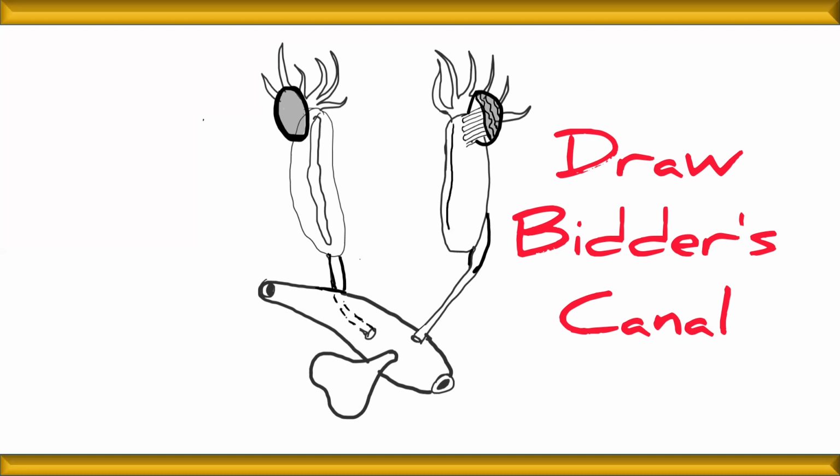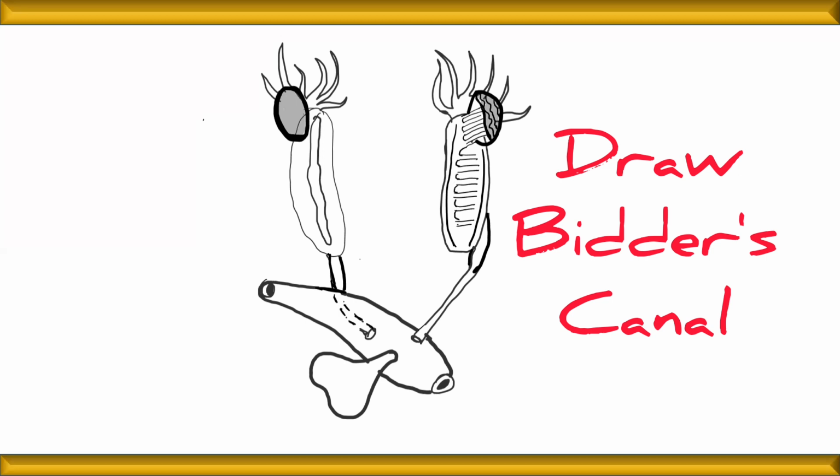Next, importantly, the vasa efferentia leads into the Bidder's canal. So the Bidder's canals should be drawn with parallel lines on either side of the kidney and then made into a ladder-shaped structure. To begin with, draw the steps of the ladder with equidistant double lines and then also connect them intermittently or alternately like this.